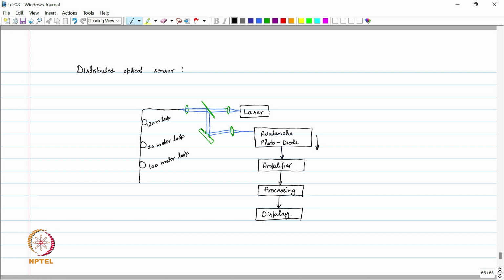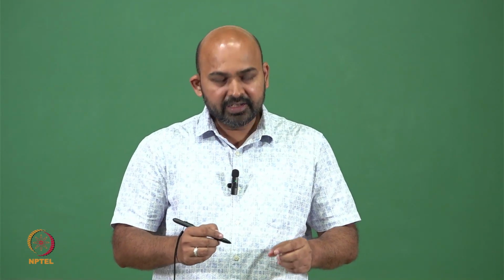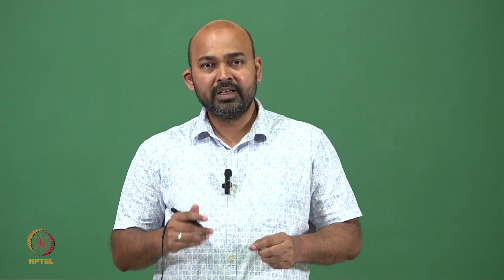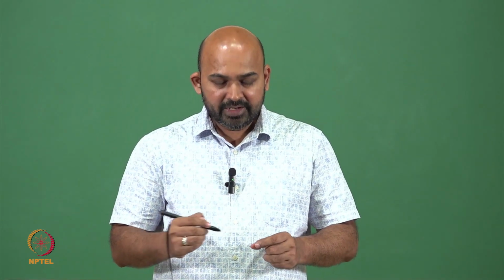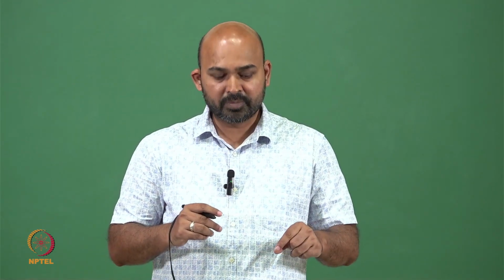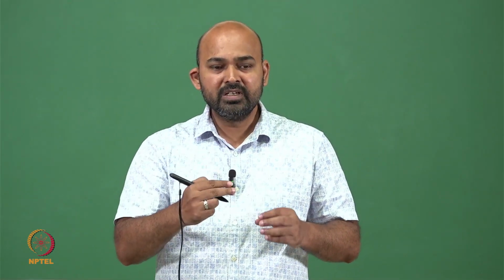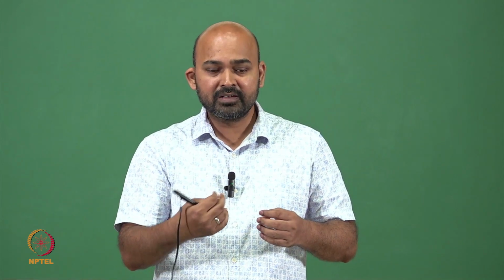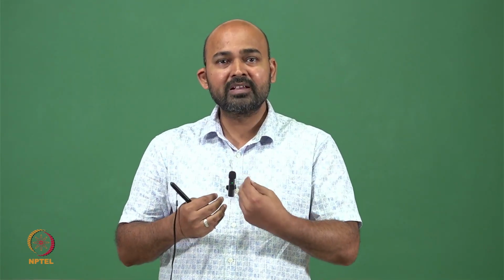So this is the typical structure of a distributed fiber optic sensor. We are shining a light into the optical fiber using a laser, which is a very high intensity light source. This light is coupled to the optical fiber using a lens. When this light goes in, it is reflected back across the entire length of the optical fiber, so photons are coming back as well.